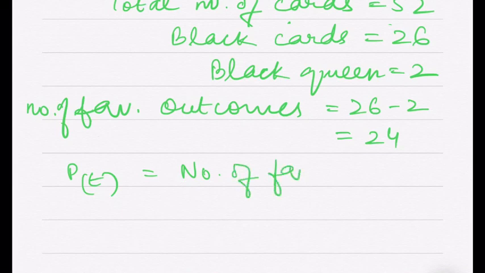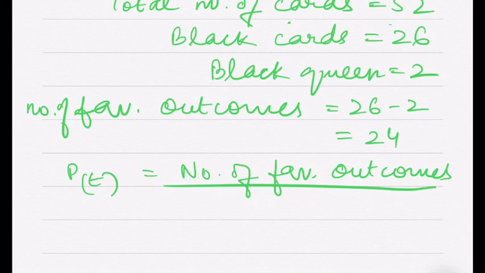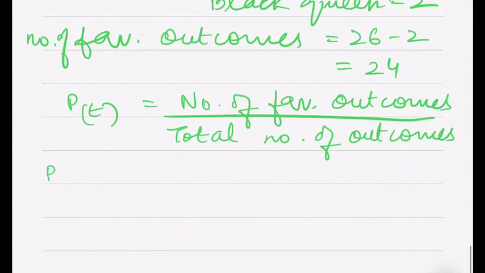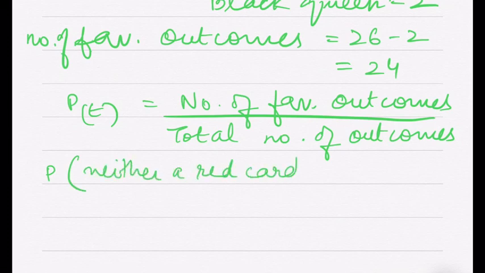Okay, so now my probability of an event is equal to number of favorable outcomes by total number of outcomes. Okay, so now my probability of neither red card nor a queen, right?